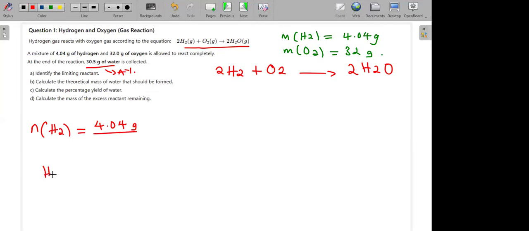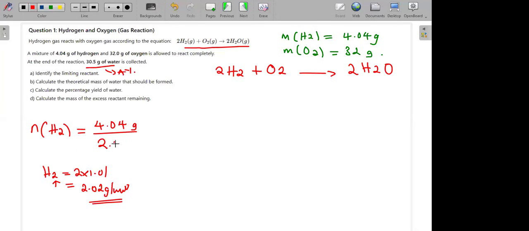Hydrogen gas is H2, so I multiply the molar mass of hydrogen, which you get from the periodic table, 1.01, by 2, because I have 2 of them. That gives me 2.02 grams per mole. So this is the molar mass of hydrogen gas.